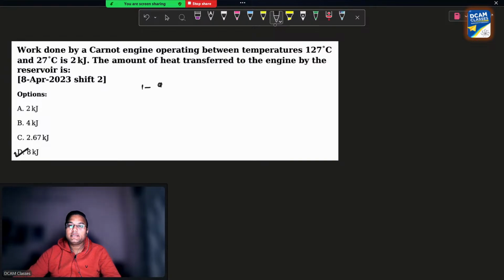Efficiency is 1 minus Q2 by Q1, which is equal to W net by Q1. It is also 1 minus T2 by T1. This formula you'll be using.